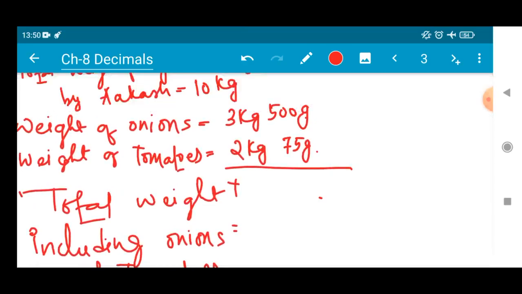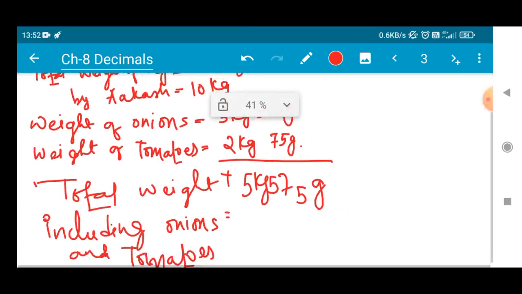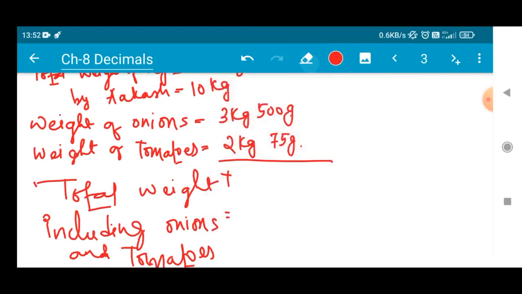So here it will be 5, 7, 5. It will be in gram now. This is 5 kg. So it is 5 kg 575 gram. If you add this properly, 5 kg 575 gram.